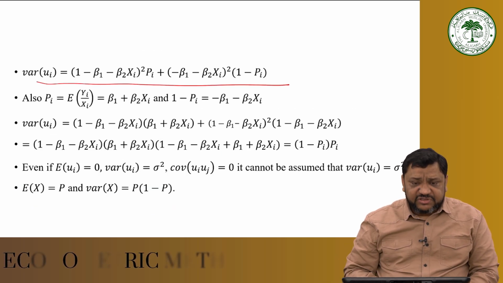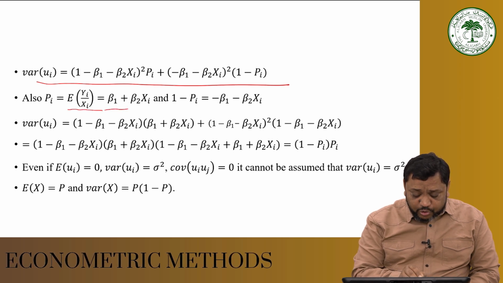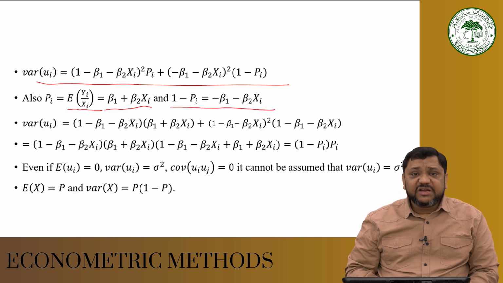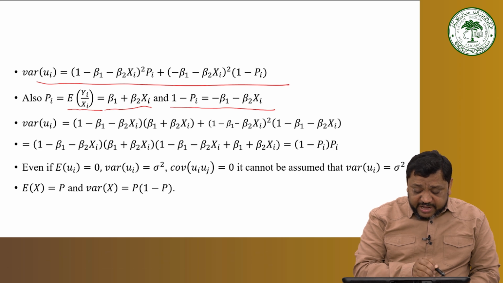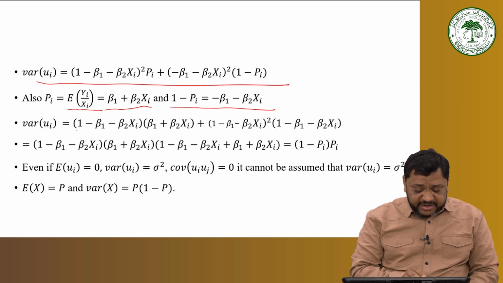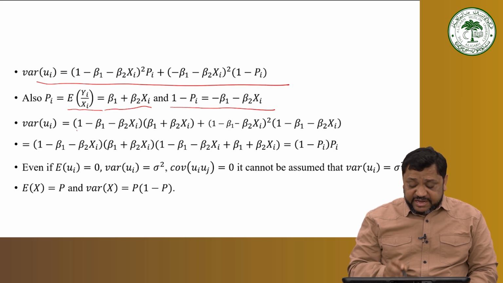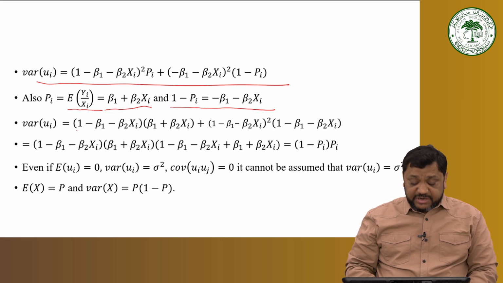Once we have derived this, pi is equal to the expected value of y given xi, which is beta 1 plus beta 2 xi, and 1 minus pi is equal to 1 minus beta 1 minus beta 2 xi.